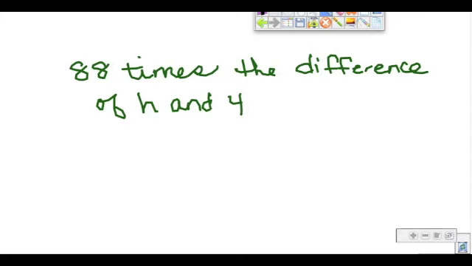All right, so let's talk about what we need to include. We need to include the 88, the H, and 4. Okay, now let's talk about our operations. Times means we're going to multiply something. Difference means we're going to subtract. And we see H and 4 means these guys need to be together in parentheses.